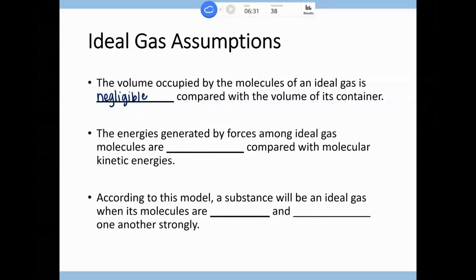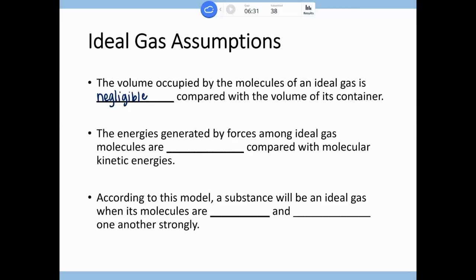If you think about some container of gas that occupies a volume, most of that volume is empty space, but there are tiny particles taking up some of that volume. But in the ideal gas law assumptions, we assume that the amount of space taken up by the gas atoms is so small compared to the size of the container that we assume it's zero. So the only volume that's taken up is really that empty space.